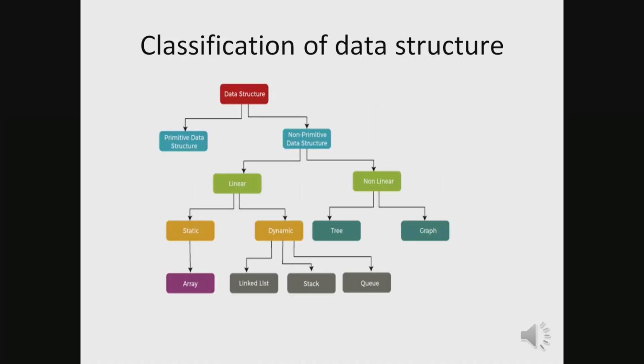Here, the classification of data structure. There are two main categories of data structure. The first one is primitive data structure. The other type is non-primitive data structure. In primitive data structure, it contains fundamental data types such as integer, floating point numbers, characters, pointer, and these fundamental data types can hold a single value.